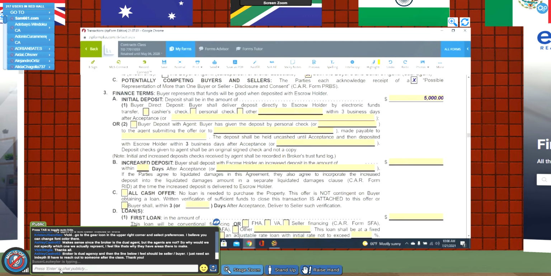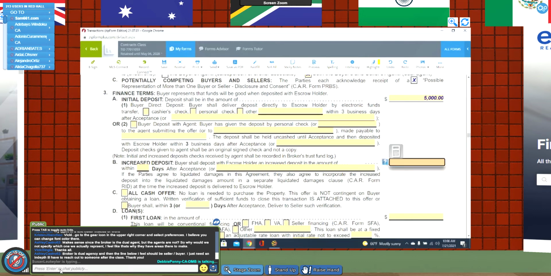Now, we didn't fill anything in here. We waited to see if they would counter it. Well, the parties did counter us. And they countered us that within 14 days after acceptance of the offer, we would increase our deposits.